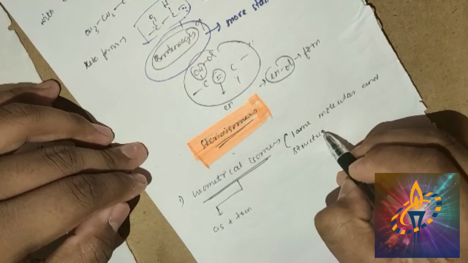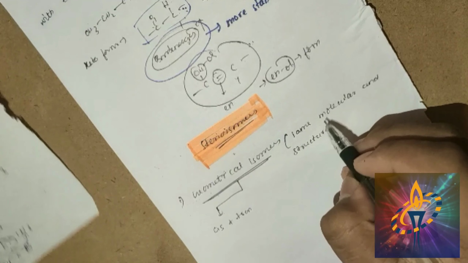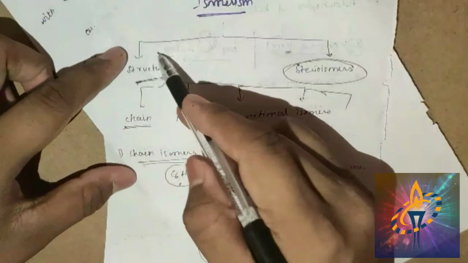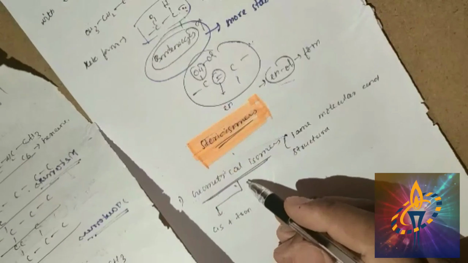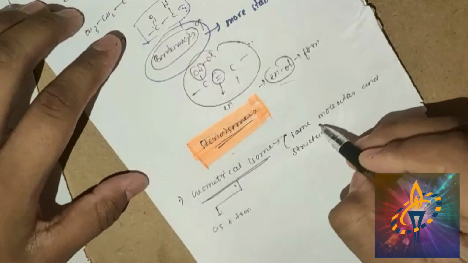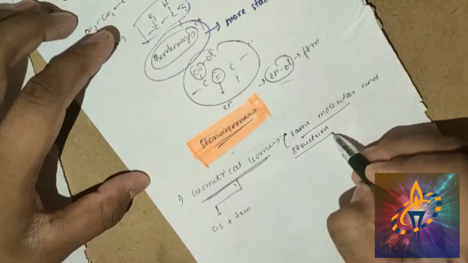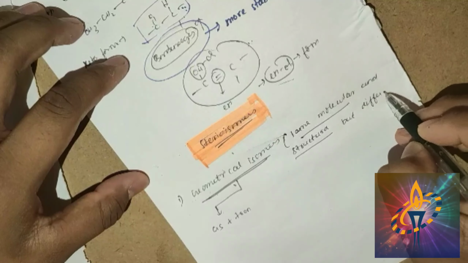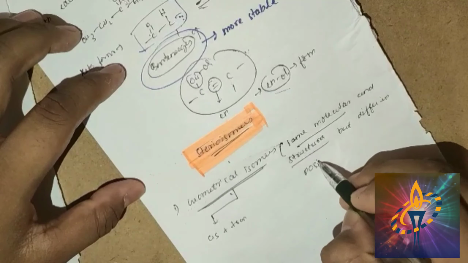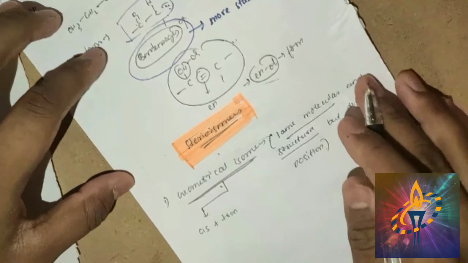Before, in structural isomers, you change the structure, but in geometrical isomers, the molecular formula and structural formula are the same, but the positions are different. This is most important.